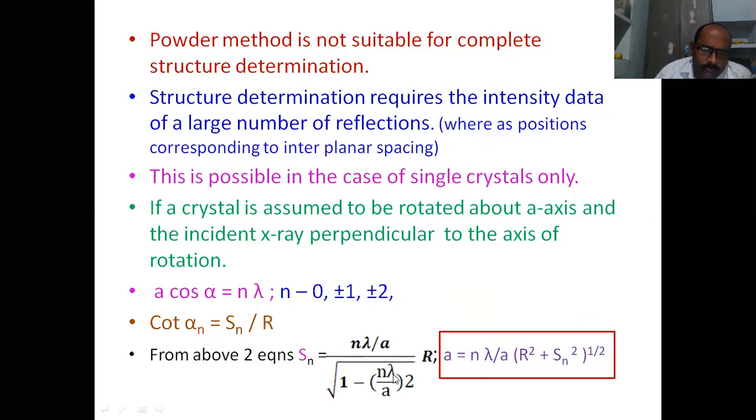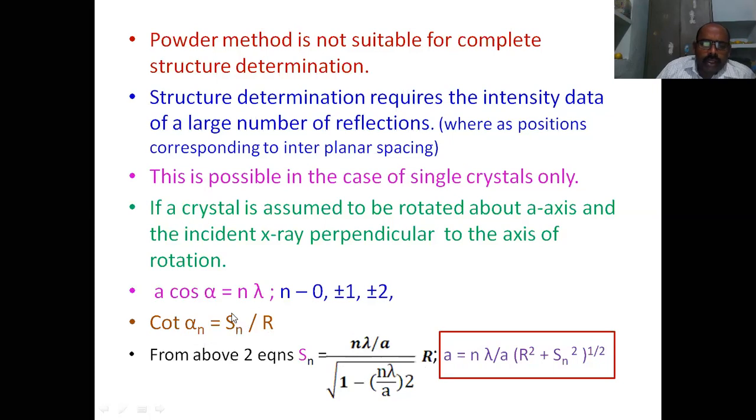Therefore cot alpha n is equal to cos alpha by sin alpha, where cos alpha is equal to n lambda by A, and sin alpha is equal to under root 1 minus n lambda by A whole square.